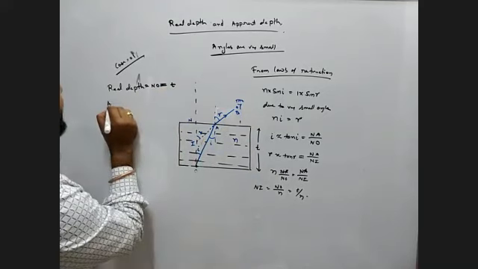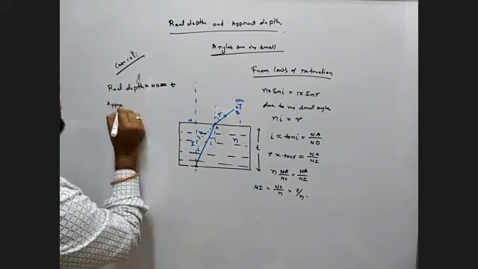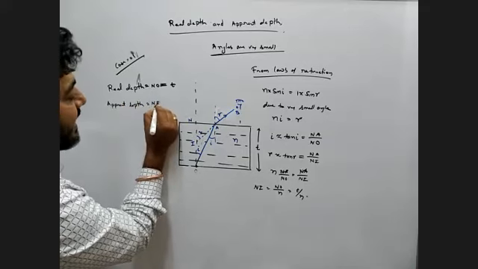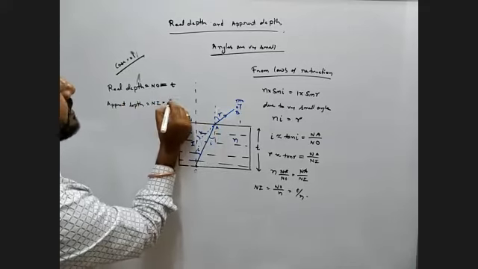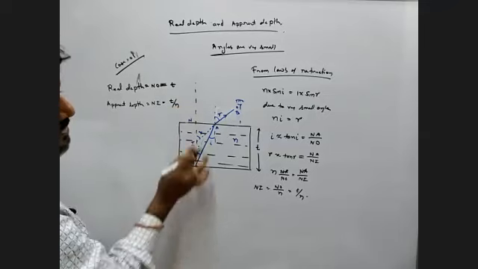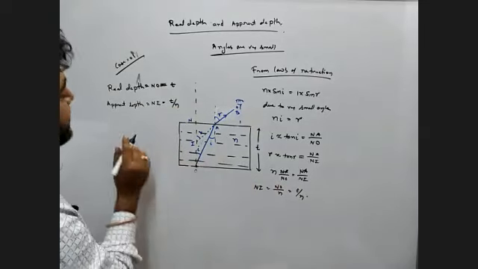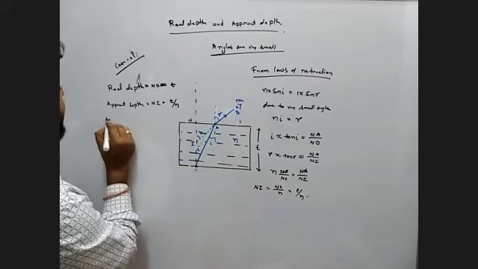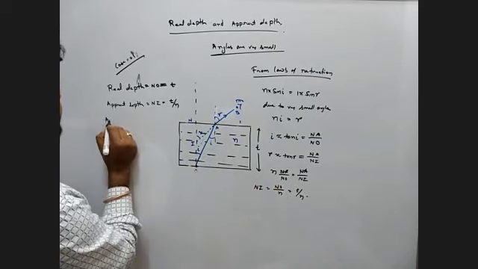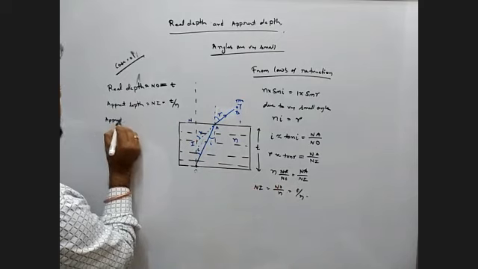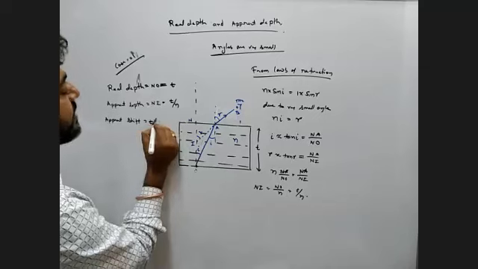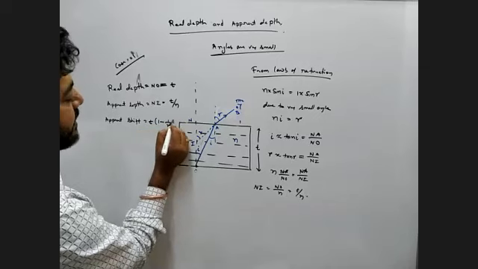So apparent depth, Ni, this one, is T by N. Now the third one is how much it shifts from O to I. So apparent shift is T into (1 minus 1 by N).